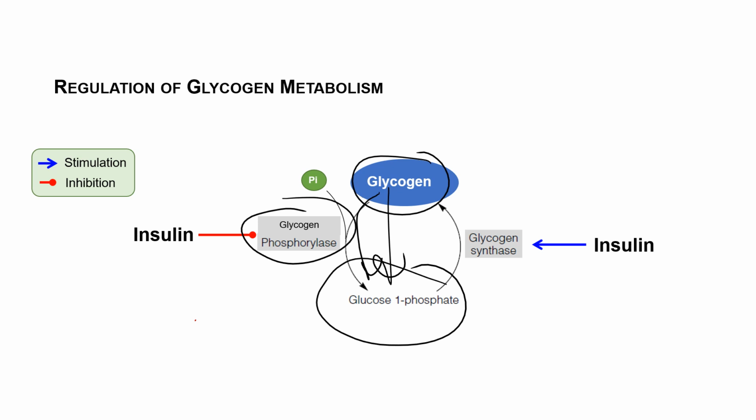Would you want glycogen phosphorylase, the enzyme that breaks glycogen down, to be active when insulin is elevated in the bloodstream and we're trying to store glucose that's coming in as glycogen? Of course not. When insulin binds to the insulin receptor on skeletal muscle cells, its job is to allow for glucose to come in. Okay.